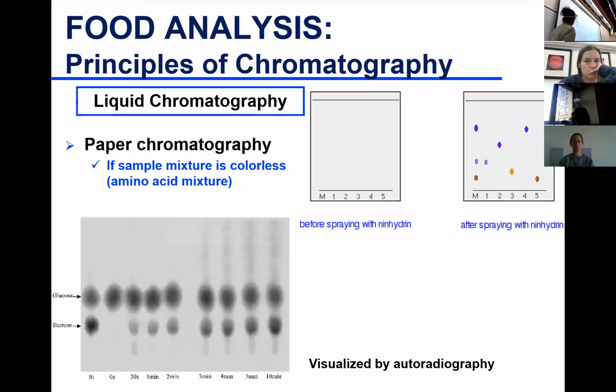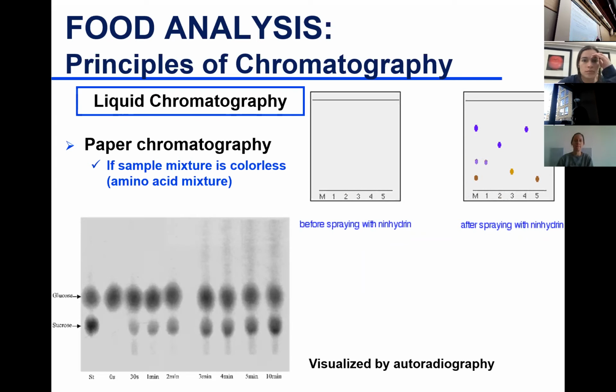So basically, in this example here, let's say we are looking at amino acids, different amino acids. You spot them, and then you spray with ninhydrin. So ninhydrin basically is a reagent that will react with amino acids and give you different colors so you can actually see them.